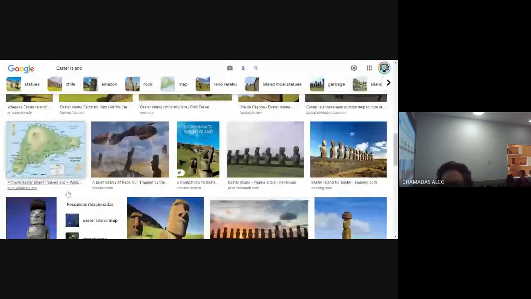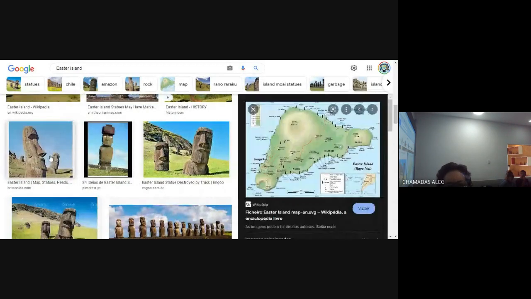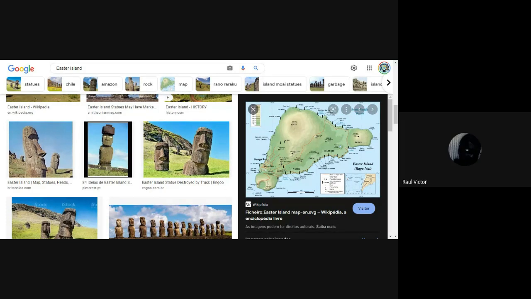Easter Island. Look, I don't know which country it belongs to. I would have to research. And these are the locations. Look, all the island has statues. Take a look, guys. It's amazing. And we can play detectives here.